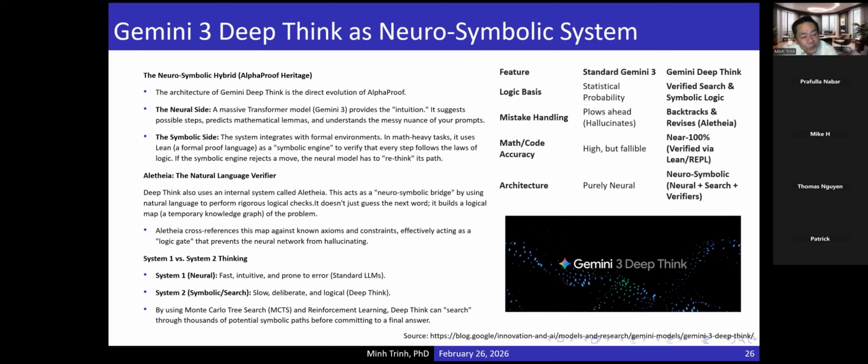Aletheia could be considered a neuro-symbolic system. How does Gemini Deep Think integrate this notion of the verifier into the system? The verifier acts as the neuro-symbolic logical check.